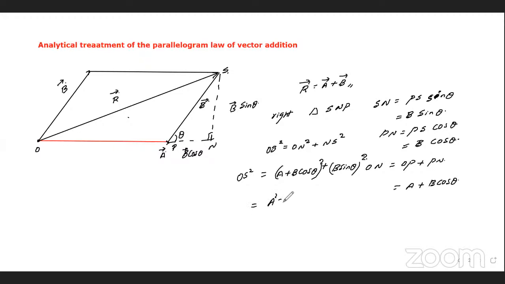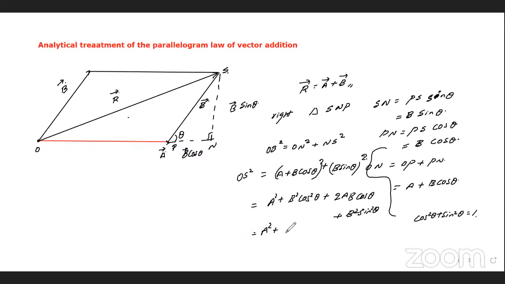So it is A square plus B square cos square theta plus 2AB cos theta plus again B square sin square theta. Now in this relation, we know from the trigonometric relations that cos square theta plus sin square theta is equal to 1. I'm going to use the relation here.